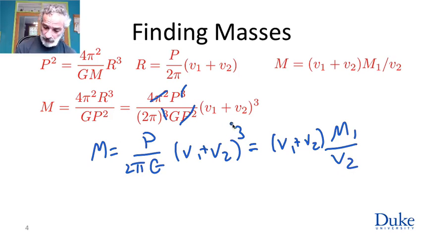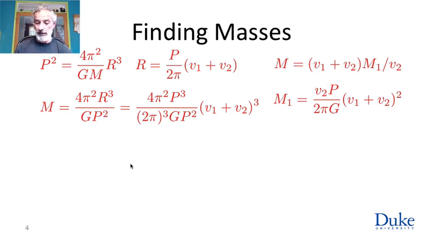And so I see that one power of V1 plus V2 cancels, and multiplying both sides by V2, I finally have an equation for M1 in terms of P, the speeds that I measure, and Newton's constant. I am done. By measuring the Doppler shifts, which gave me the speeds and the period, I can actually measure the mass of a star.